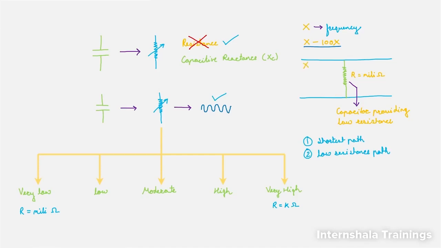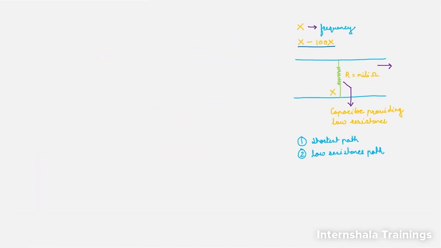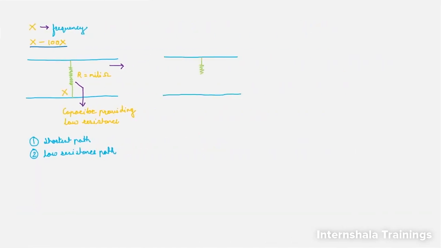As a result, the signal with such frequencies will be bypassed by the capacitor towards the ground, and it will not travel towards the circuit. So this is how the capacitor filters out signals with a specific frequency or a range of frequencies. In the same way, for some frequencies the capacitor provides high resistance, so those frequencies will not be bypassed by the capacitor and they will travel towards the circuit.